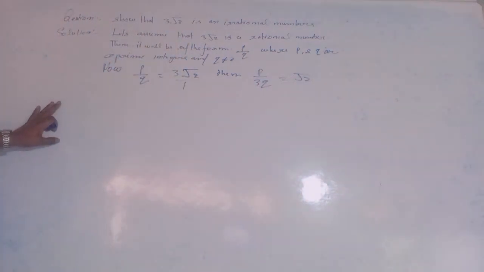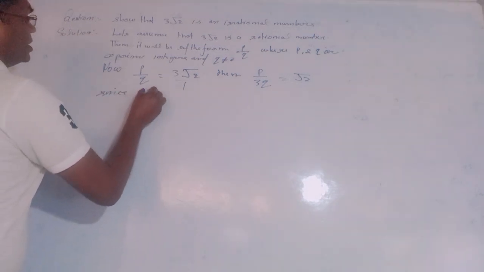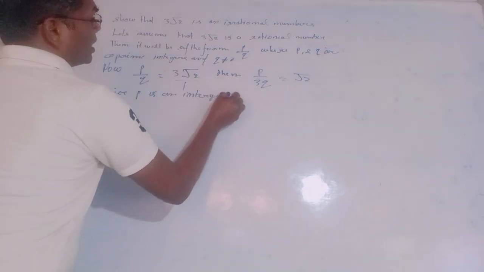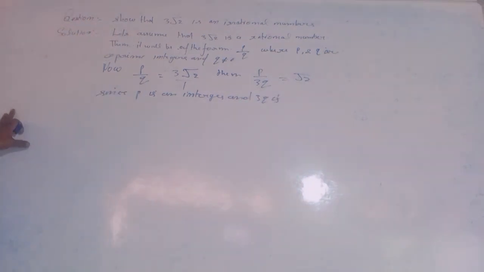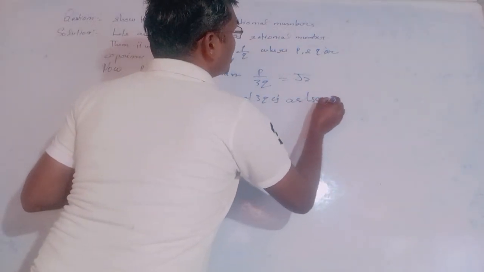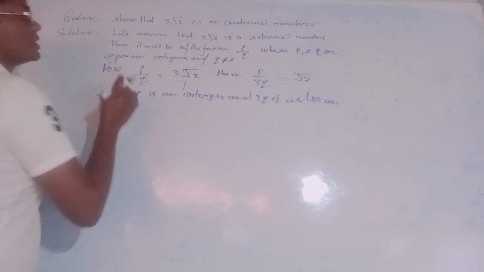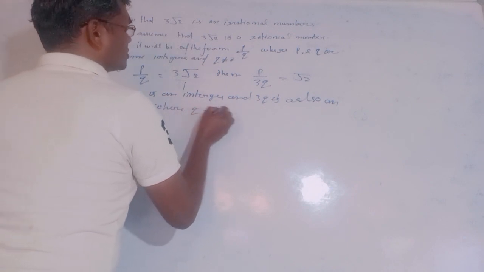So, since p is an integer and 3q is also an integer, where q is not equal to 0.